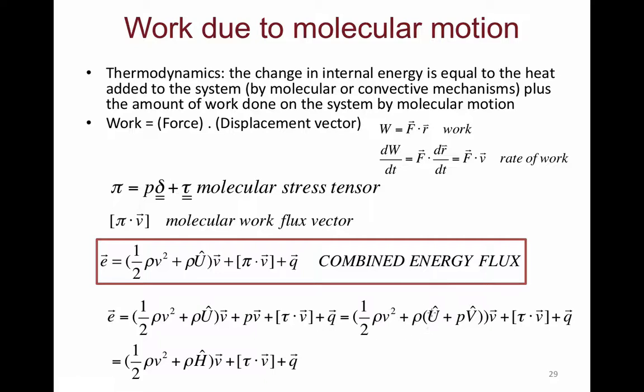If you remember, we combined the pressure part of the molecular forces with internal energy into enthalpy. So what is the Ex component? It is 1/2 rho V squared, plus rho H Vx, plus the x component of tau dot V, plus Qx.